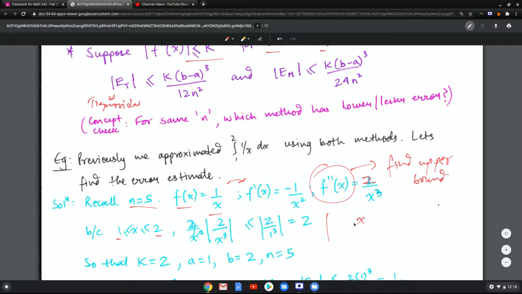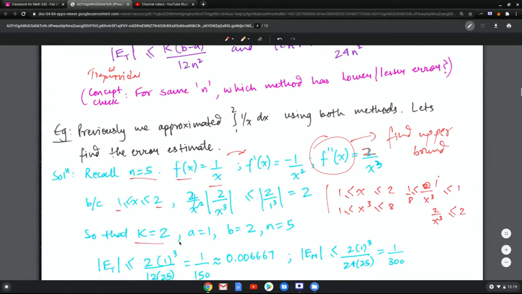Another way to understand this: if x is greater than 1 and less than 2, then x cubed is greater than 1 and less than 8, which means 1 over x cubed is greater than 1/8 and less than 1. So 2 over x cubed is going to be less than 2.